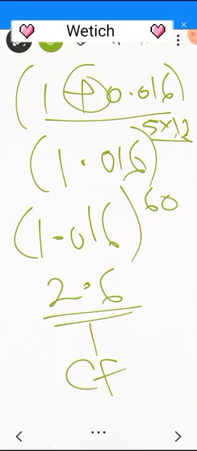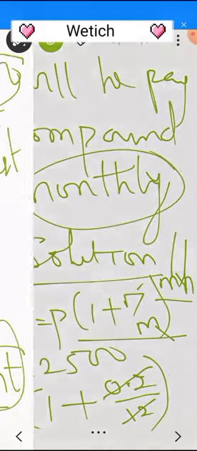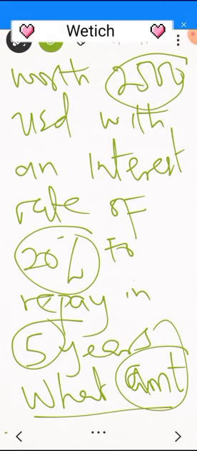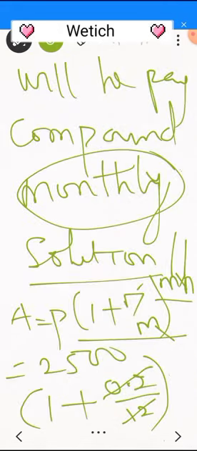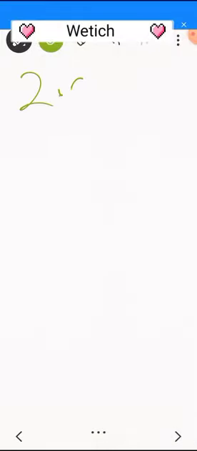To get the final answer, we multiply our compounding factor by our present value, which is 2,500. So we'll say 2.6 times 2,500.